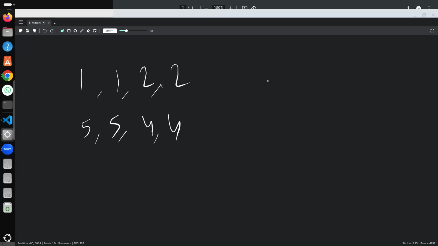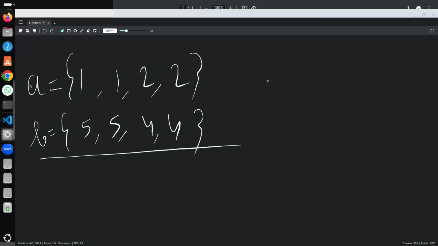Suppose A is given to be this and B is given to be this. Then you are just adding them up. You are sorting this A, which is already sorted, 1, 1, 2, 2, and adding them up. You are saying that this is 6, 6, 6, 6, right? And then this has only one distinct element. This C becomes this, and it doesn't have at least three distinct elements. So the answer is no.